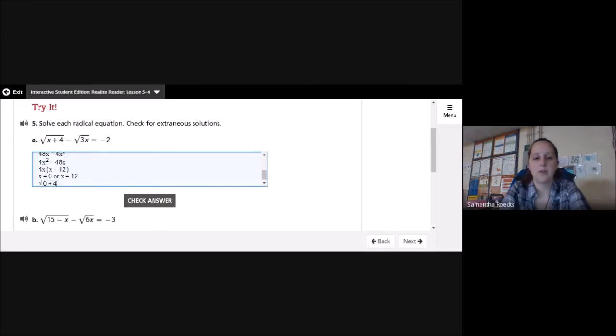The square root of 0 plus 4 minus the square root of 3 times 0 equals negative 2. So this gives me square root of 4 minus the square root of 0, which gives me 2 minus 0 equals negative 2. Well, 2 does not equal negative 2, so 0 does not work. It's an extraneous solution. Substitute in 12.